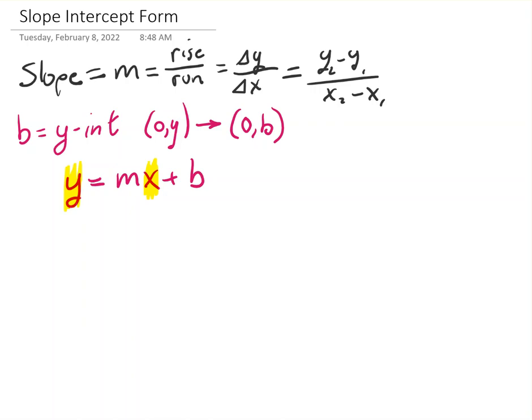Anytime it asks you for the slope-intercept form, you're always going to indicate a y and an x as the variable y and the variable x, unless something happened to the variable x, and you'll see that a little bit later. Okay, so now we know that in order to fill out the slope-intercept form, all we need to do now is find m and find b.